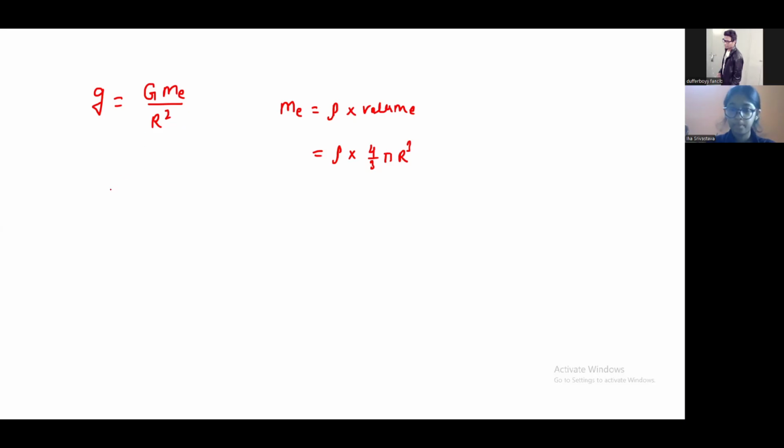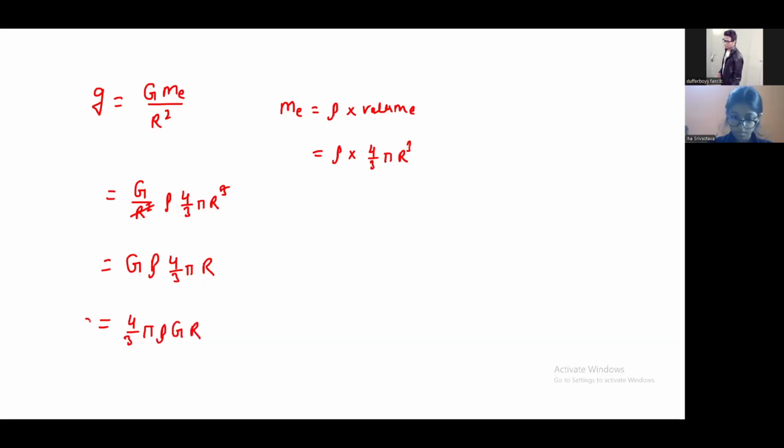Now putting this here, we get G upon r square and rho 4 by 3 pi r cube. Here r square cancels out, and we get the new formula g = 4 by 3 pi G rho r.